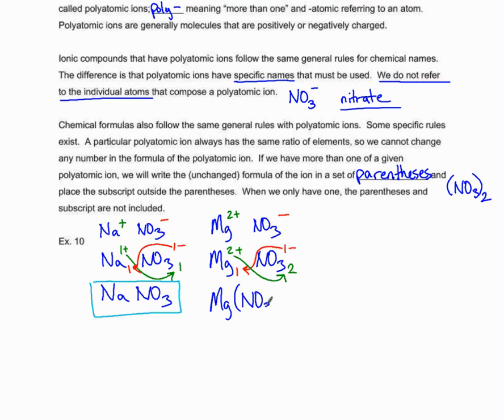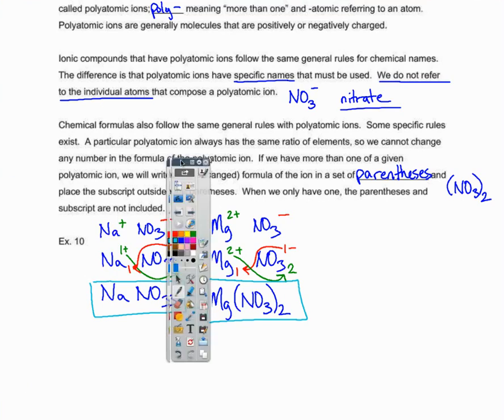We need to put our polyatomic ion inside the parentheses, and then the subscript goes on the outside. So now what this is telling me is that I have 2 of this nitrate polyatomic ion. So here is our final formula for this example.